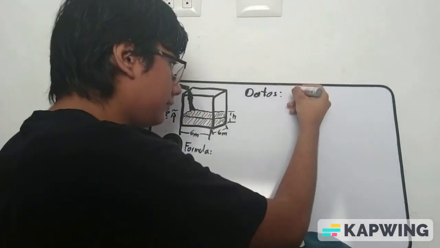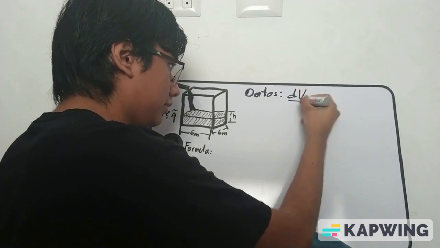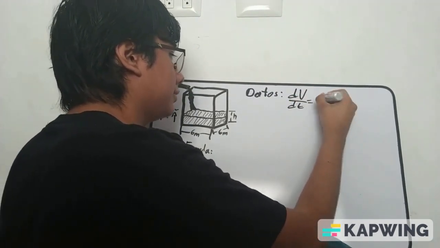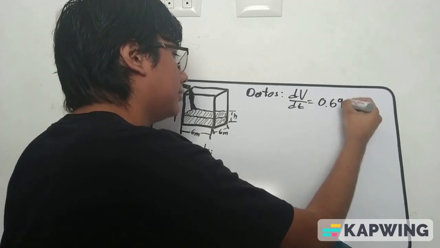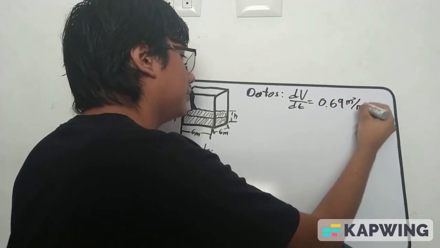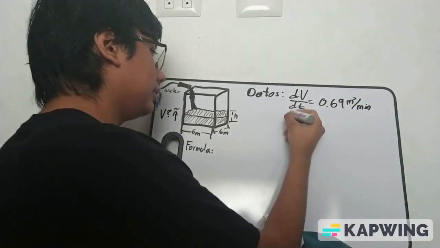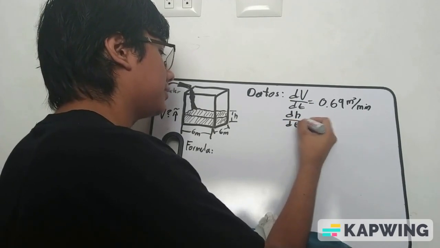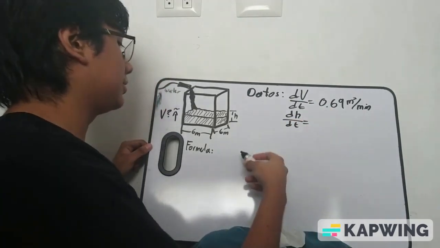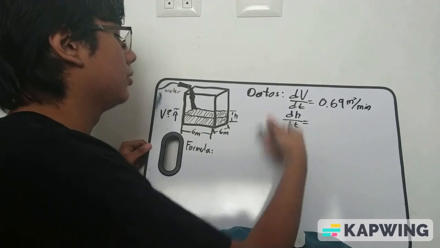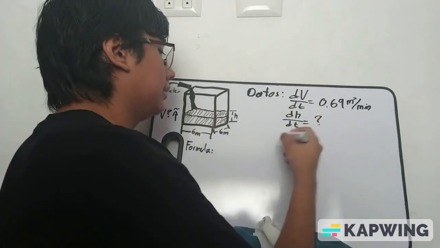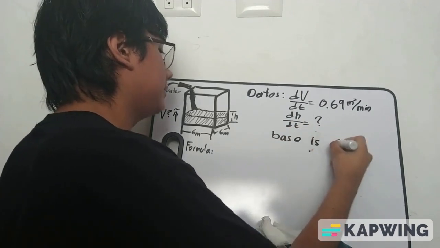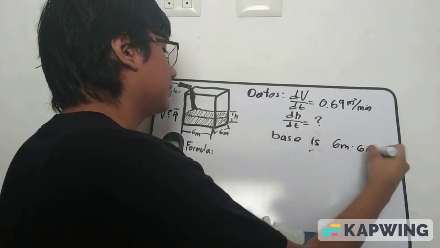We have our rate of change, which is the velocity according to the time, 0.69 cubic meters per minute, and we're being asked the rate at which the water level will rise. And we are also given the information that the base is 6 meters times 6 meters.